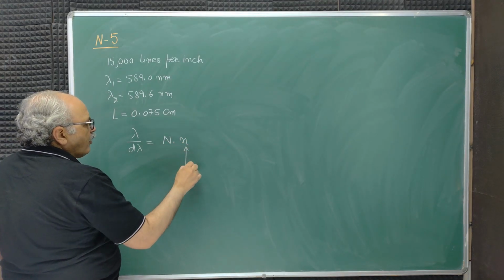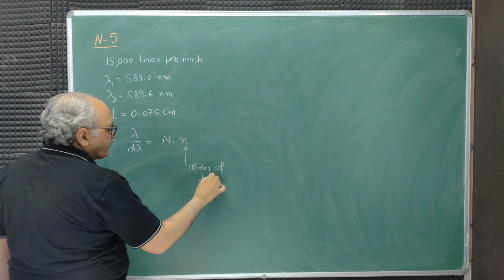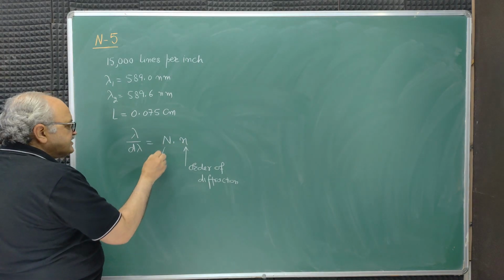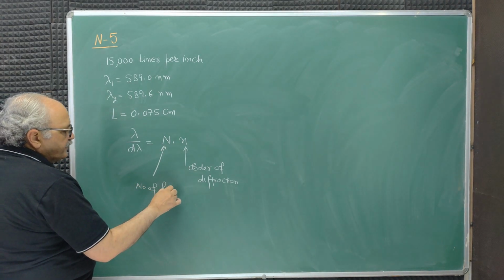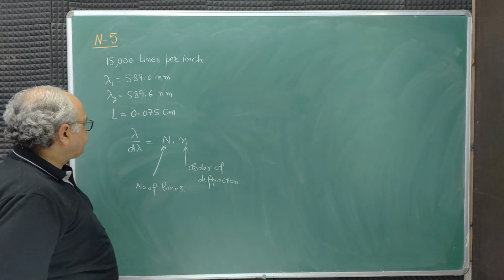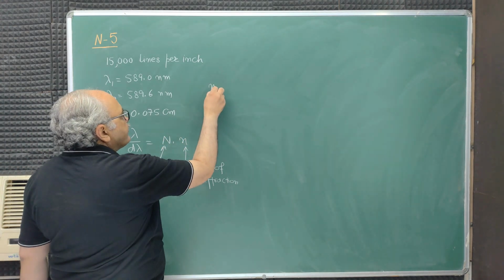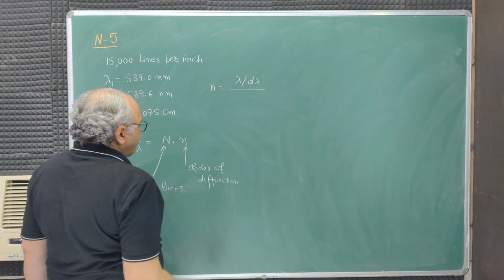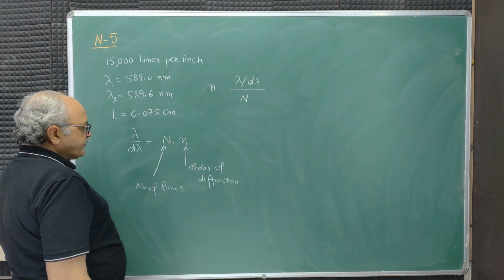Small n is the order of diffraction, and capital N is the number of lines which are exposed. So to find out this number n, we'll have lambda by d lambda divided by the number of lines which are exposed.